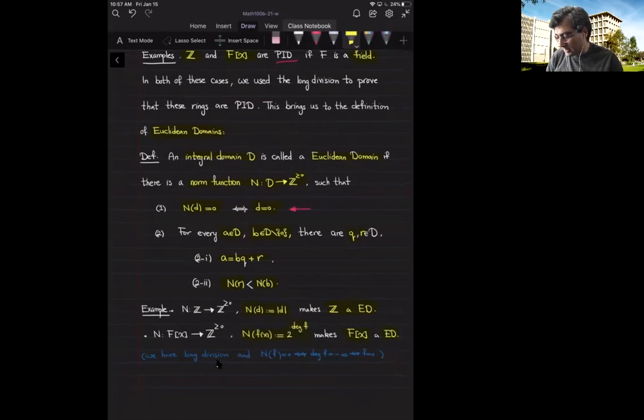That way, for the 0 polynomial, the norm will be 0 if and only if the degree is negative infinity, if and only if the polynomial is 0. So we get this first condition, and the second condition is kind of automatic, again using long division. So the integers and the ring of polynomials with coefficients inside a field are both Euclidean domains.